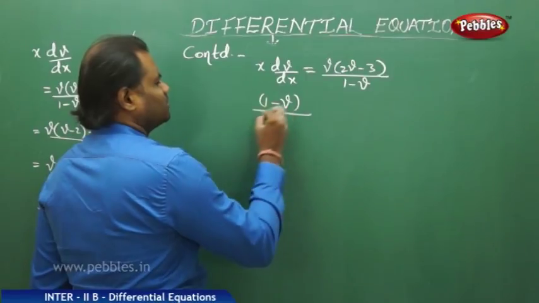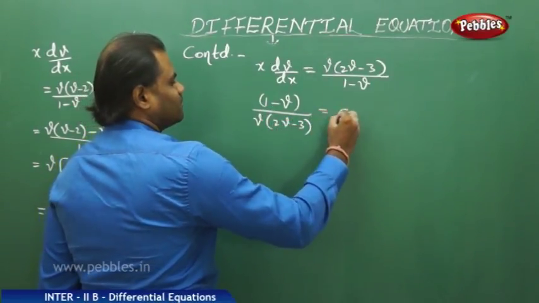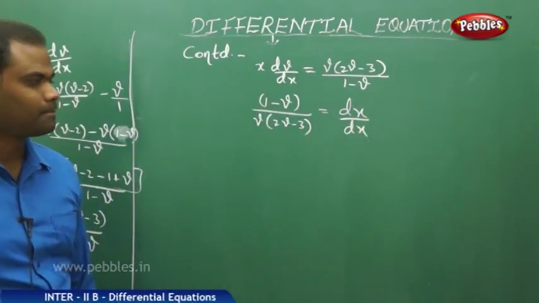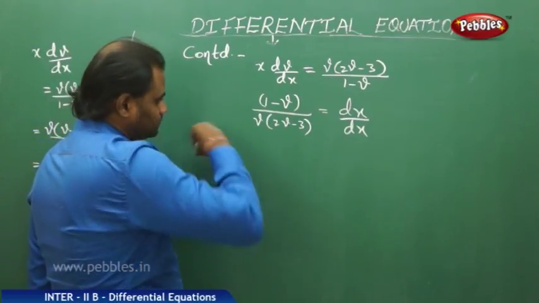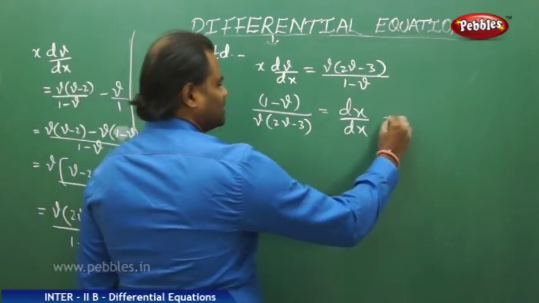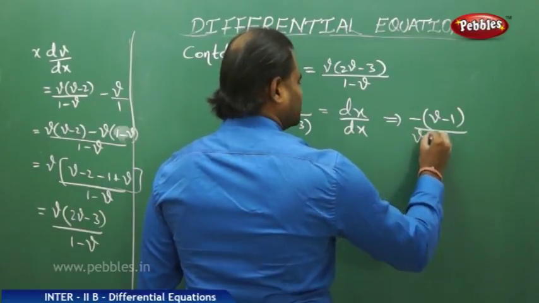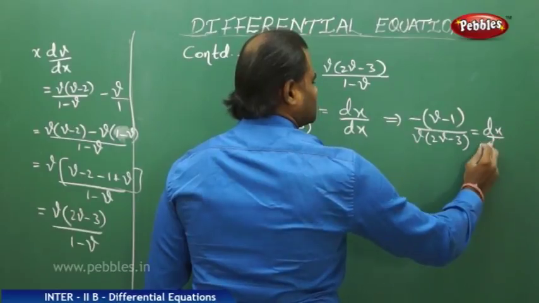One minus v by v times 2v minus 3 is equal to dx by x, which is what we get. So taking the minus common here, I get this to be minus of v minus 1 by v times 2v minus 3 is dx by x.